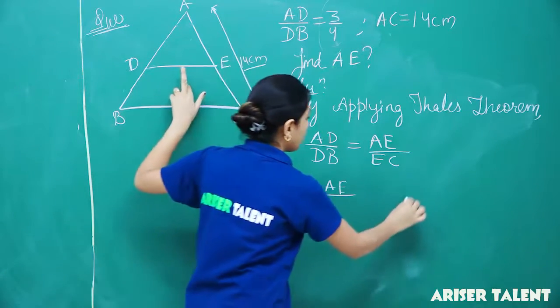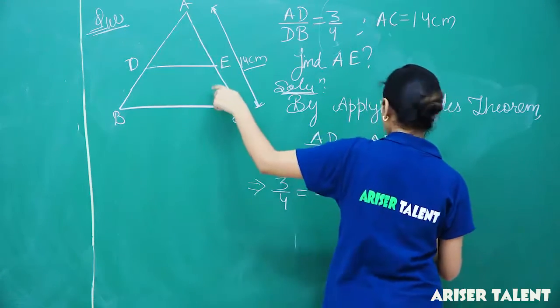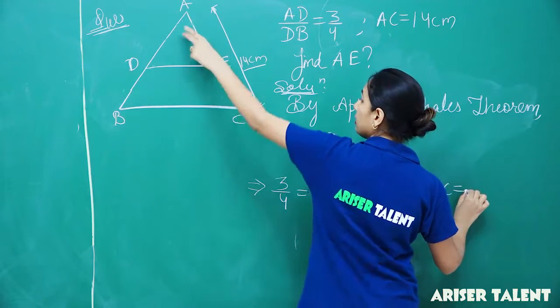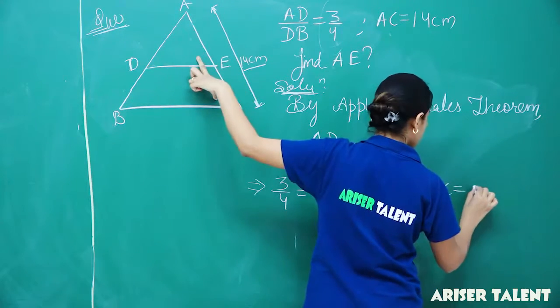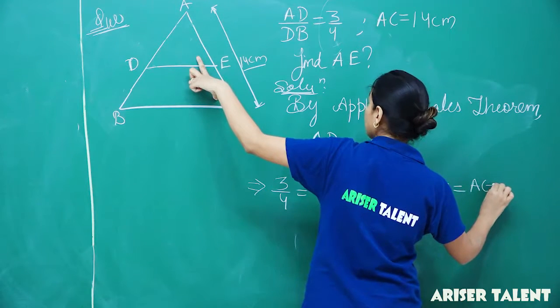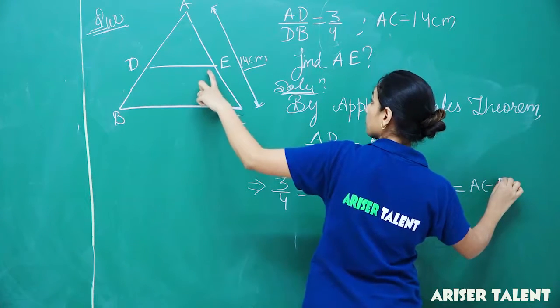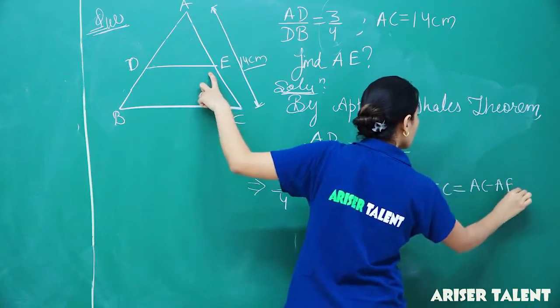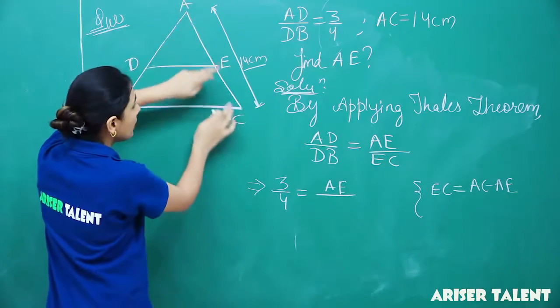Now from this triangle, the value of EC in terms of AE is AC minus AE. This minus this will give you this.